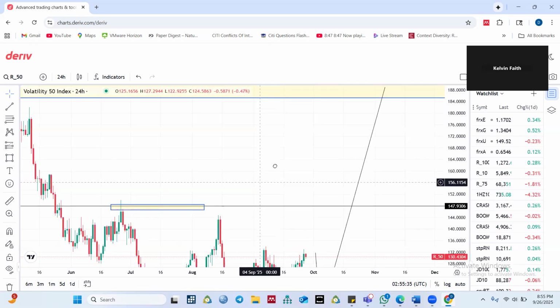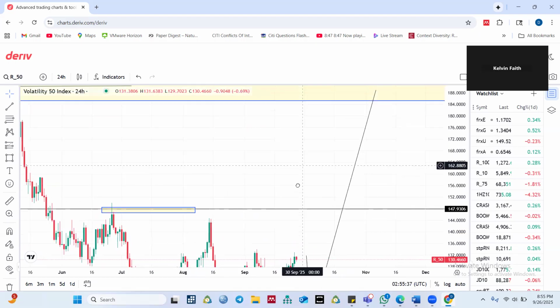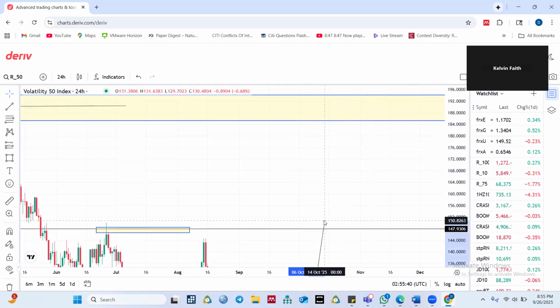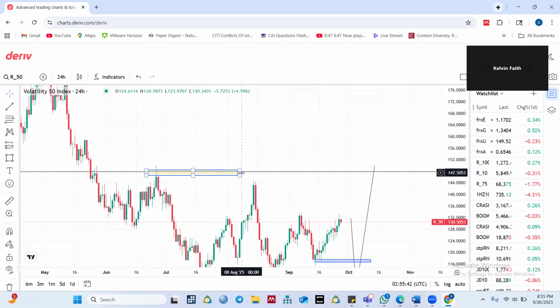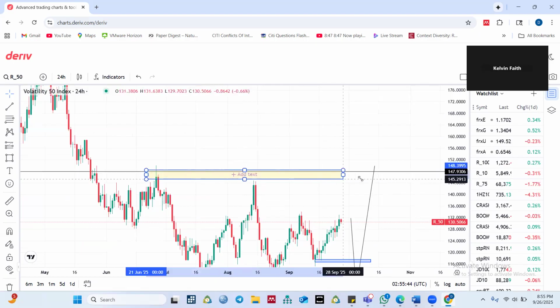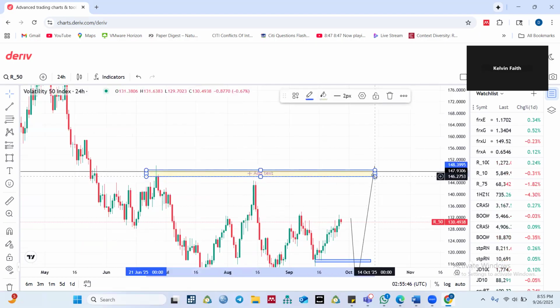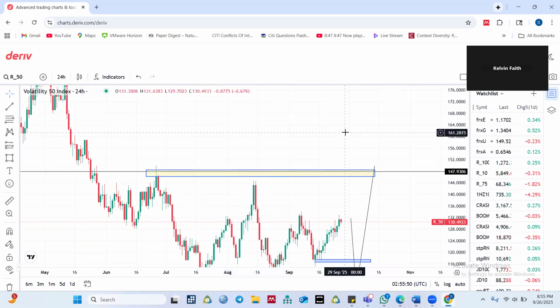But at least the first area that it will target is this zone again, because we've had 78% of that already. So if price is to come up again here, it's likely to just sweep it out or break it.